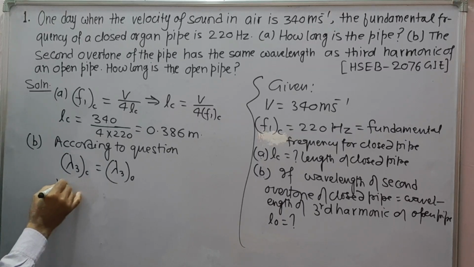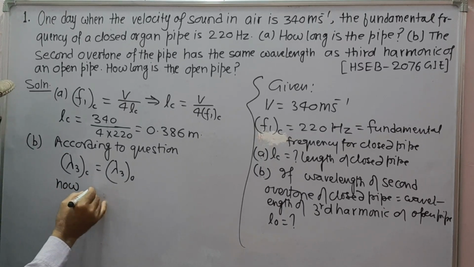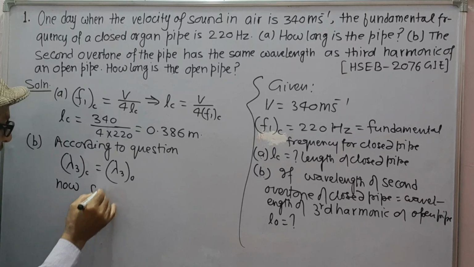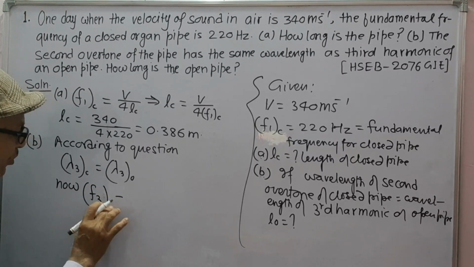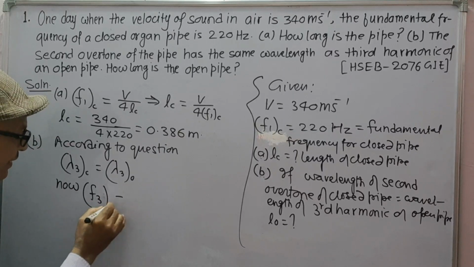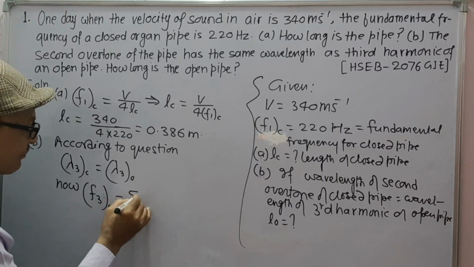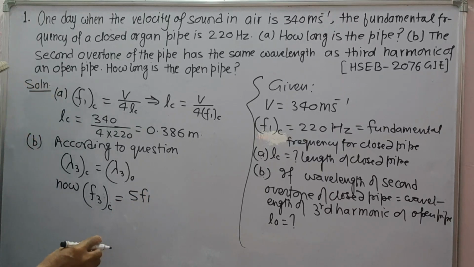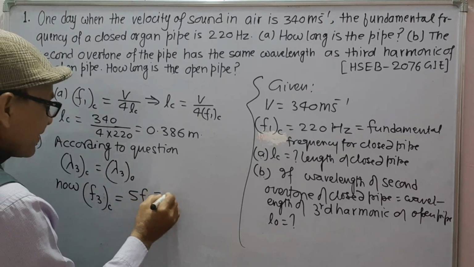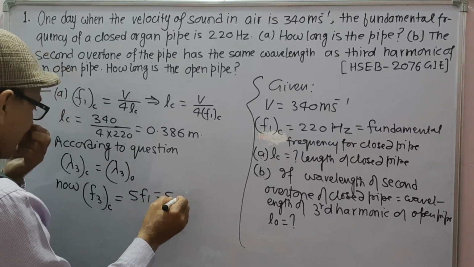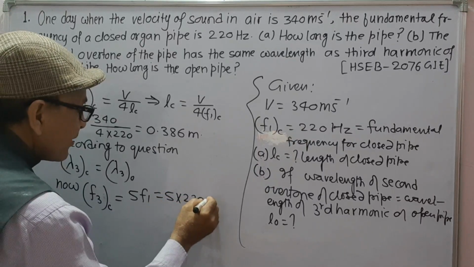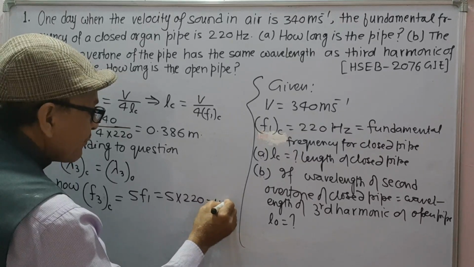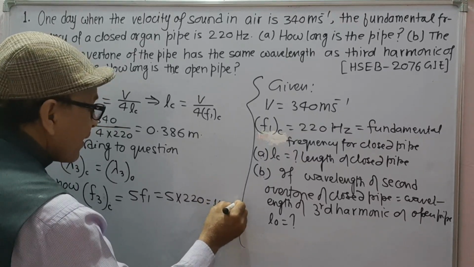Now F3 of closed pipe is equal to 5 F1, that is 5 into 220, which gives 1100 Hertz.